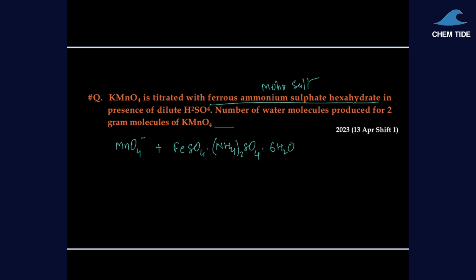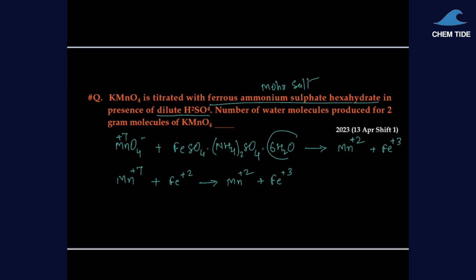So in diluted H2SO4, so in acidic medium it is happening, it will convert into Mn plus 2, plus 7 to plus 2, and the ferrous will convert into the ferric. So let's balance this equation first, then we can identify how many moles of water is actually involved. The ferrous plus 2 is converted into the Mn plus 2 and the ferric.